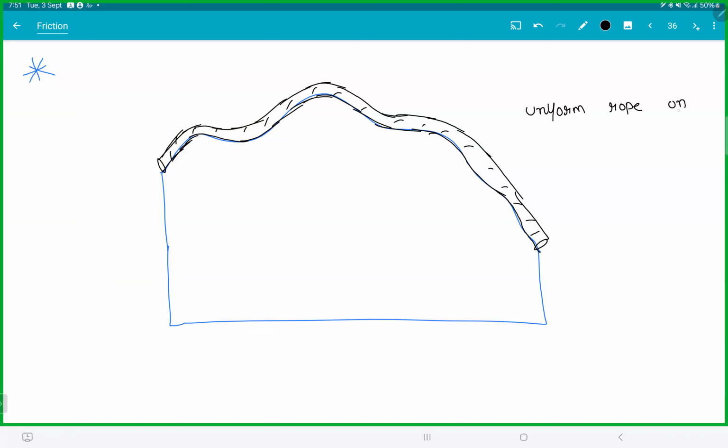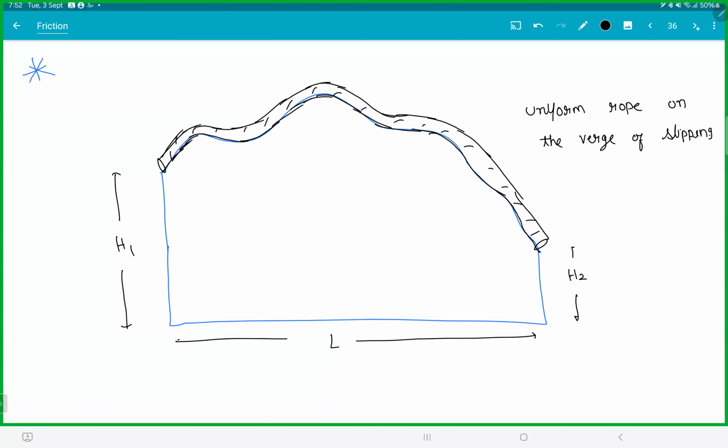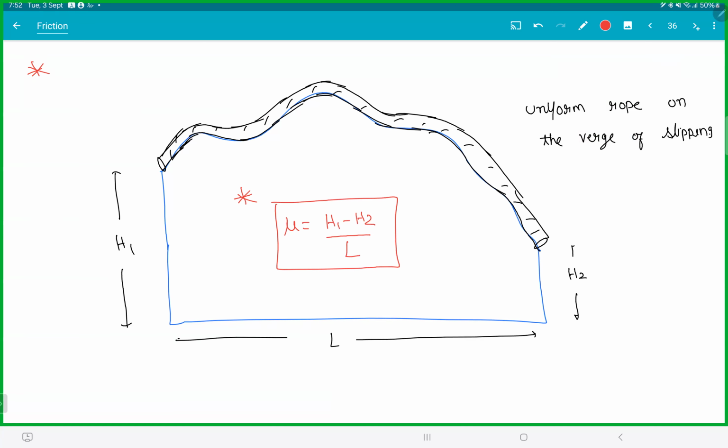Uniform rope on the verge of slipping. Then if this height is h1 and this height is h2 and this length is L, the friction mu is given by h1 minus h2 by L. Quite a useful result. This works when the rope is about to slip. It doesn't matter what the shape is. Just take the difference in heights and divide by length.